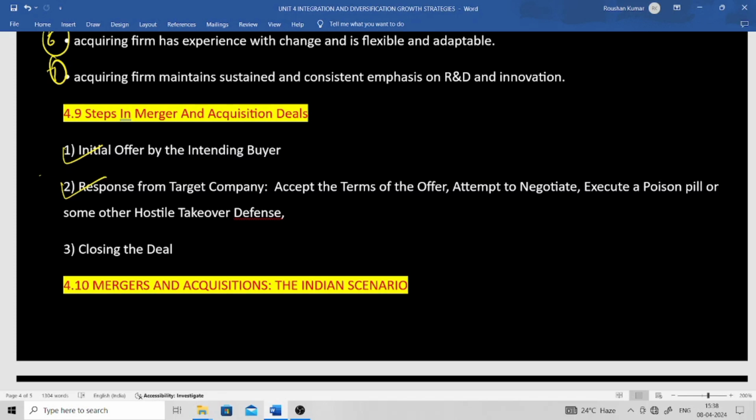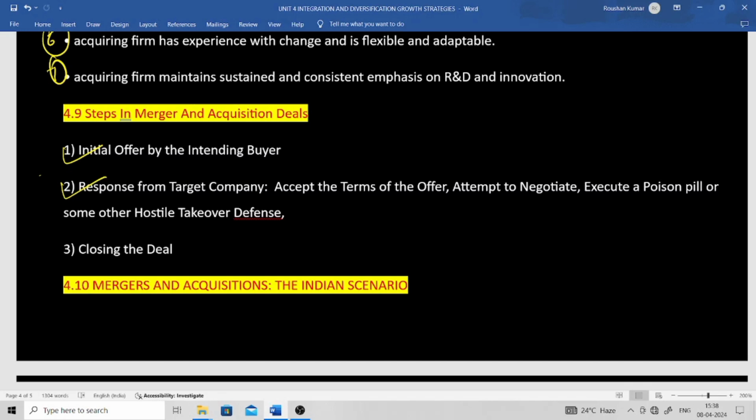So in the third case, executing a poison pill means that the target company does not want to be acquired by the acquiring company. So in that case, some kind of negative effect is being produced on the acquiring company.